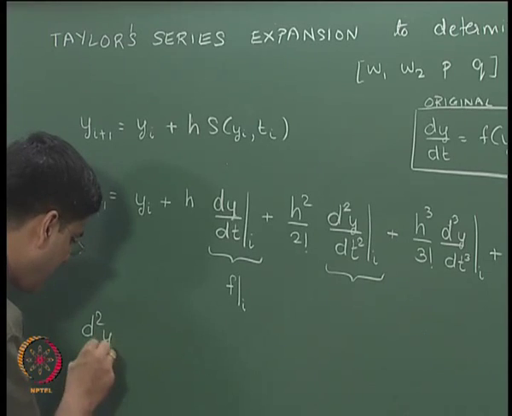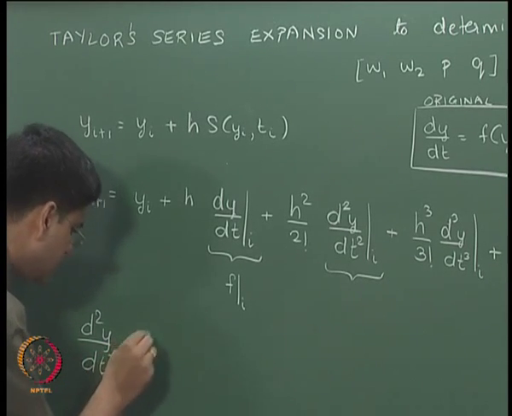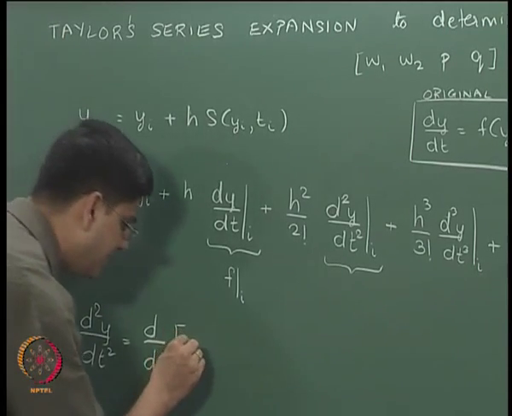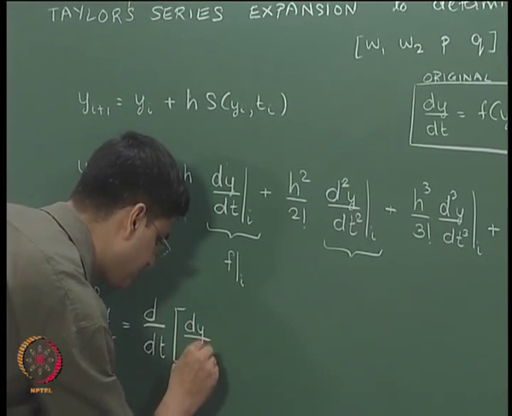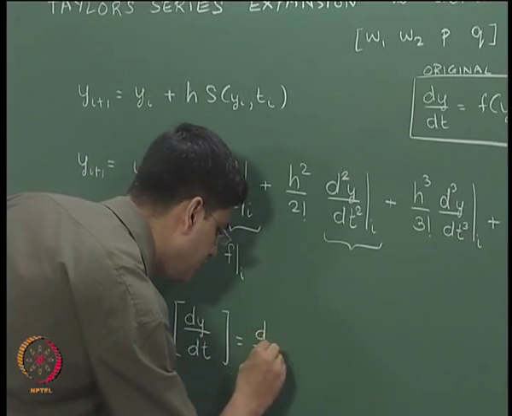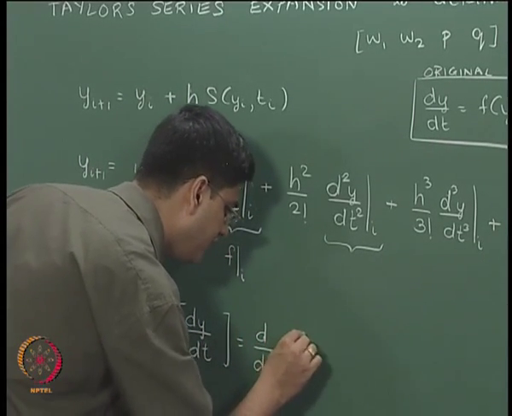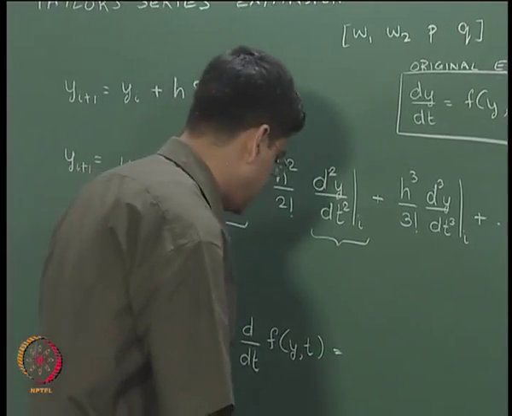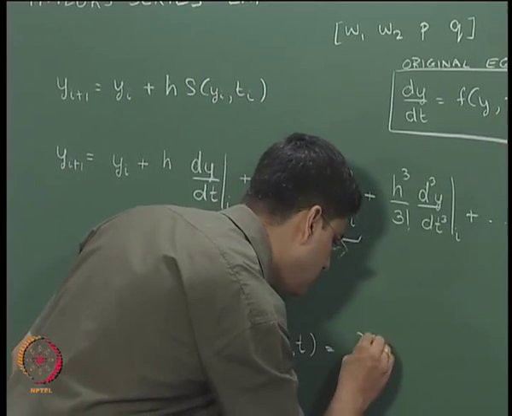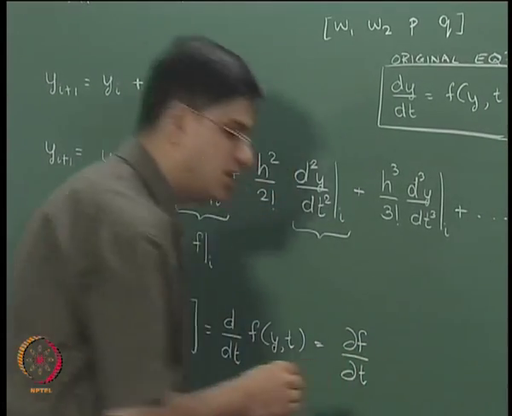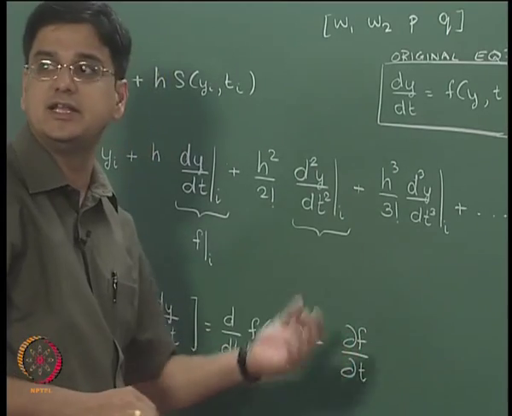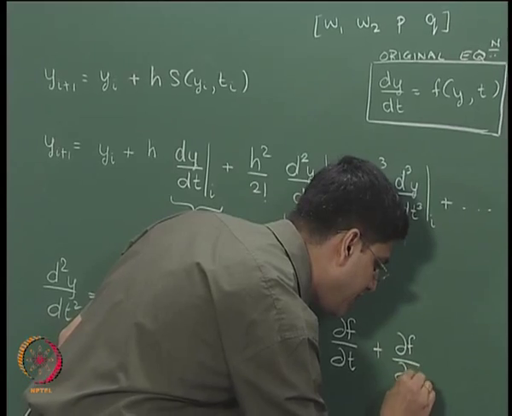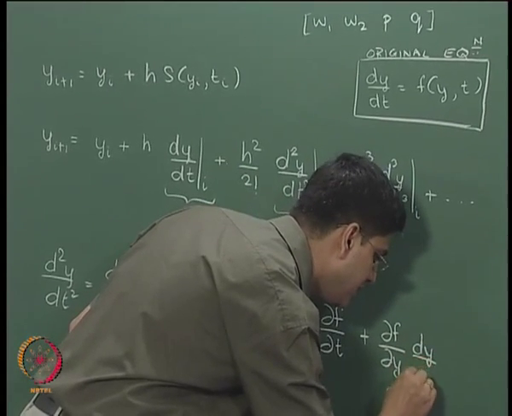So we will have d squared y by dt squared. The chain rule that we will implement is going to be d by dt of dy by dt, or that is going to be d by dt of f of y comma t, which is going to be nothing but dou f by dou t multiplied by dt by dt, and dt by dt is 1, plus dou f by dou y dy by dt.